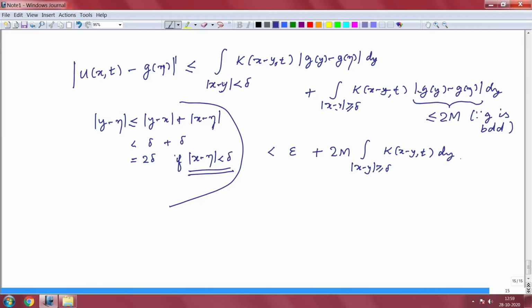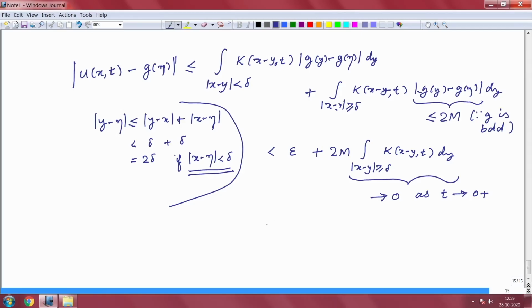By the third property of the fundamental solution, since delta is positive, this goes to 0 as t goes to 0.